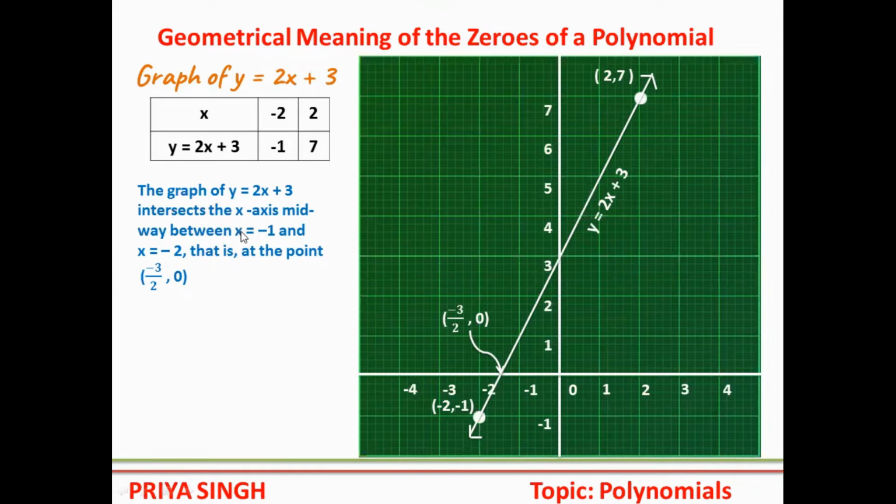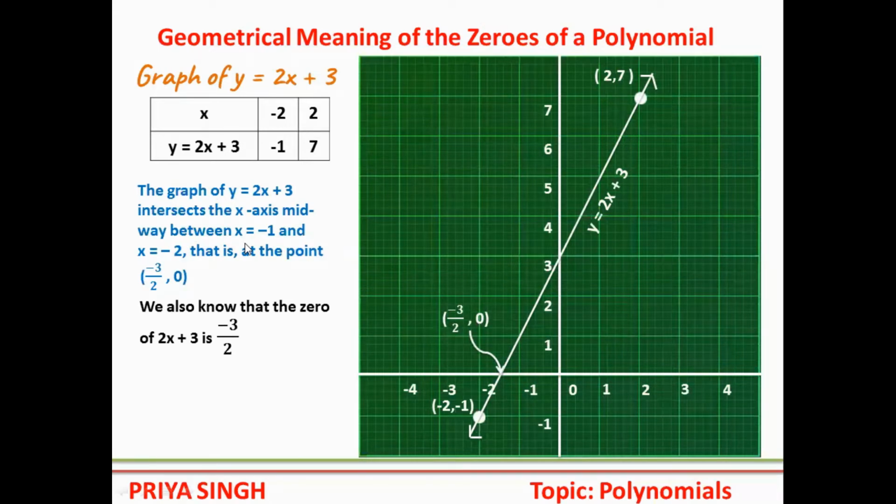That is at the point (-3/2, 0). I repeat, this is intersecting at (-3/2, 0). Now we also know that the 0 of 2x plus 3 is -3/2.